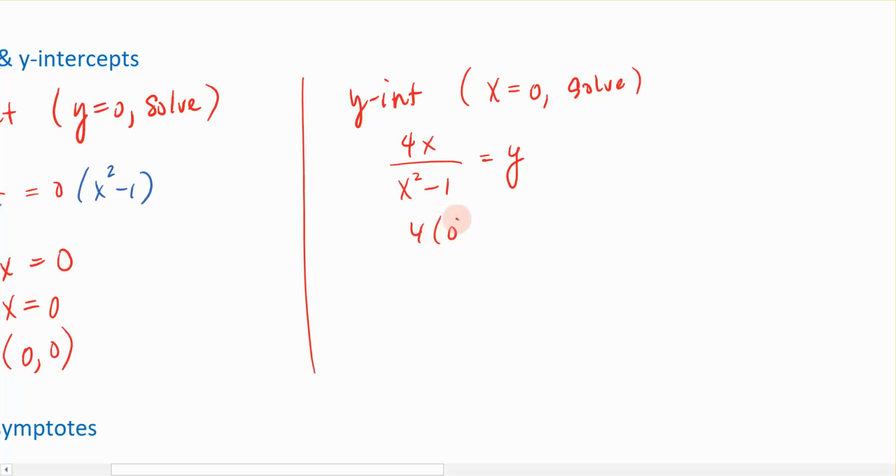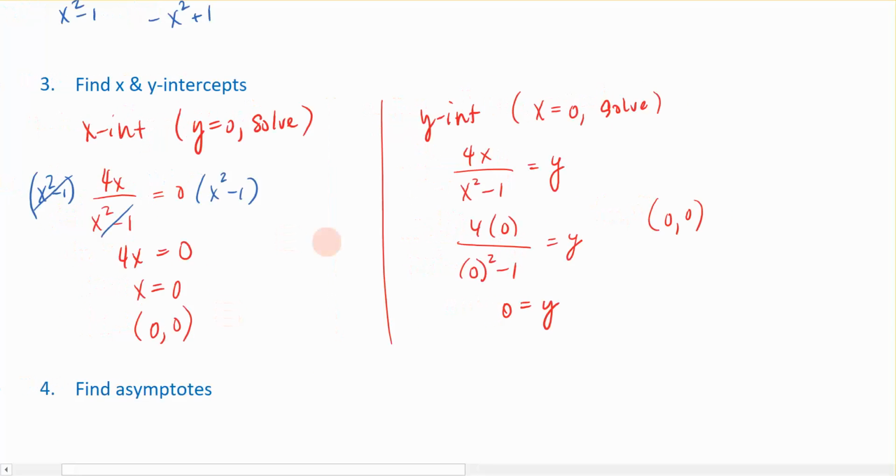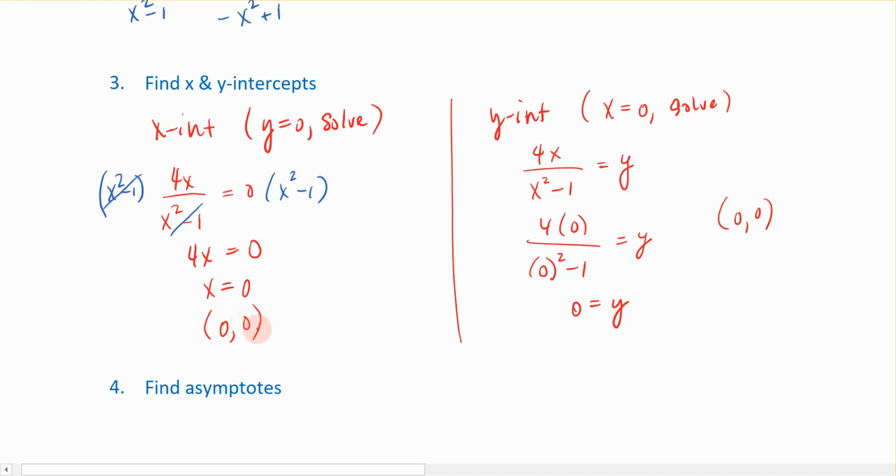So 4 times 0 divided by 0 squared minus 1 equals y, or 0 divided by negative 1. Well, 0 divided by anything is just 0. So 0 is equal to y. So when x is 0, y is 0. Finding the x and the y-intercept of this particular function only gave me 1 point, and that's sometimes the case when it passes through the origin.